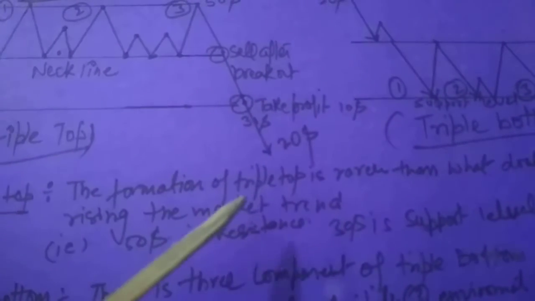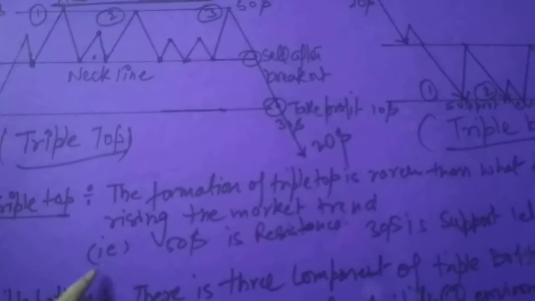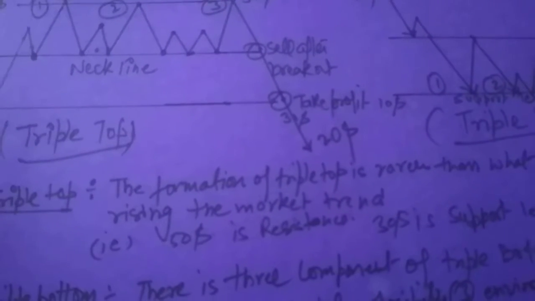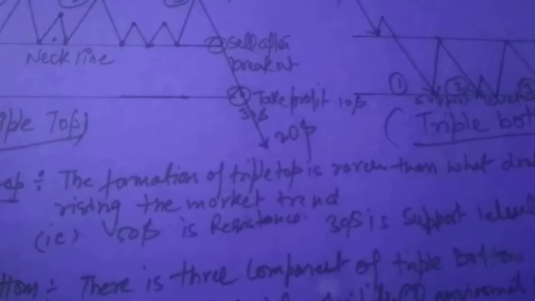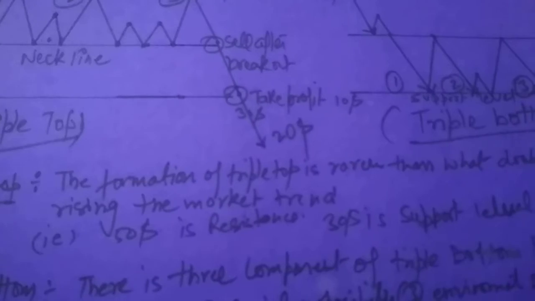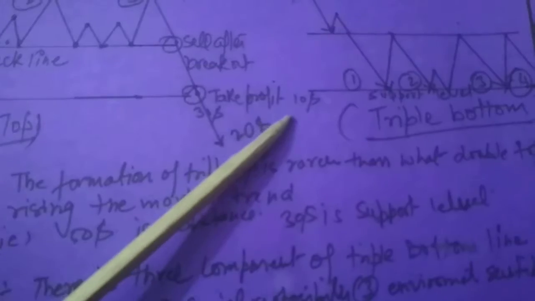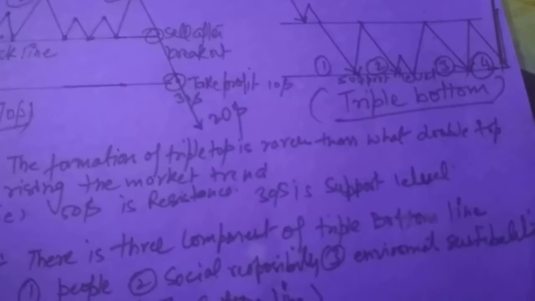Okay, let's understand the triple top. The formation of the triple top is, rather than the double bottom, a rising market trend. The triple top shows the market is in a resistance area and it can go lower, with momentum against the market trend. $50 is resistance, $30, that's the example I gave. It makes the double top, triple top, four top, five top.